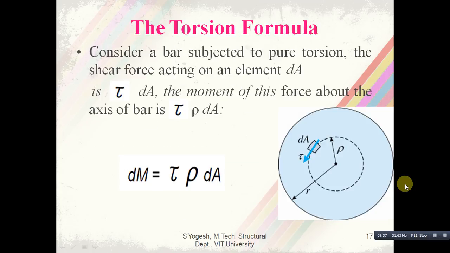Then the torsion formula. Consider a bar subjected to pure torsion. The shear force acting on an element dA, this small element we are taking as dA, is tau dA. The moment of this force about the axis is tau rho dA. That is, dM is equal to tau rho dA.